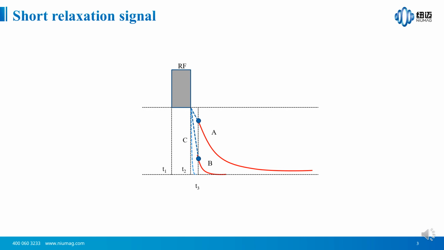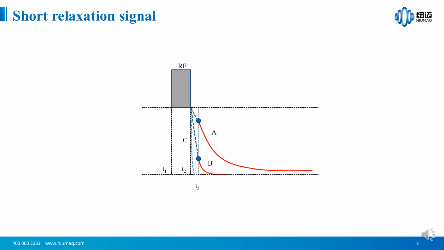For sample C, the relaxation is even faster. Before T3 the signal has decayed to zero. At this point, although the NMR phenomenon occurs, because the relaxation is too fast, the decay is completed within the dead time of the instrument. The instrument cannot collect the NMR signal, and the signal is all lost.